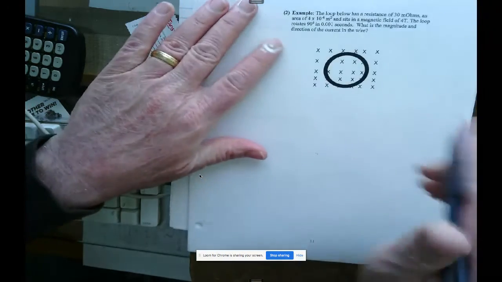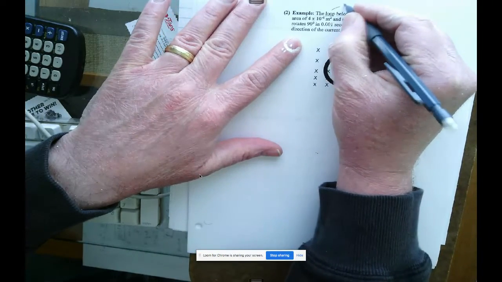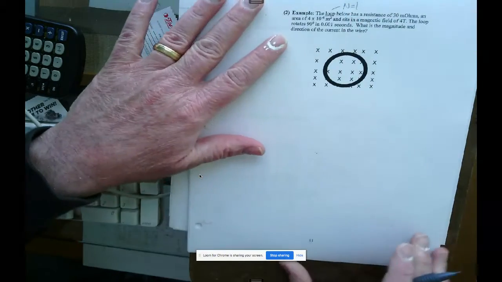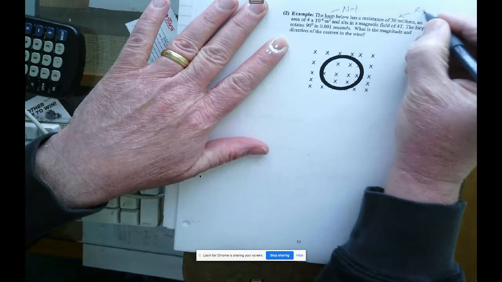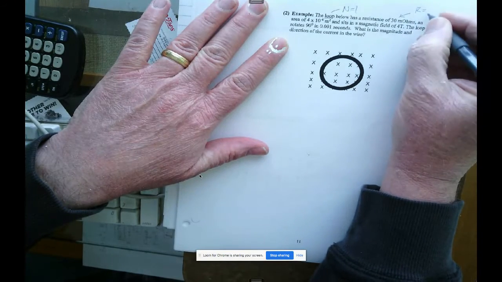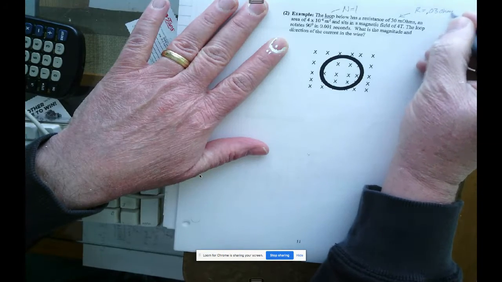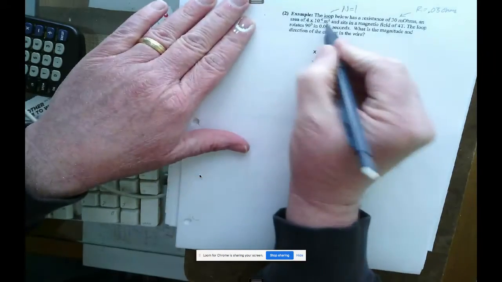And our last example is this here. So now I have a single loop. If I have a loop, it doesn't have a whole bunch, it's just one. So N is going to equal 1. We got our resistance here. Milli means move it 3 places, so it's going to be 0.03 ohms. And then we got the area here.